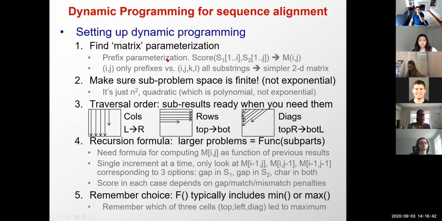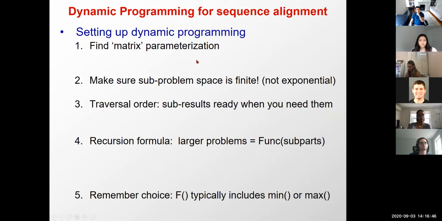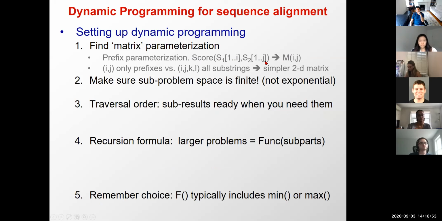And then putting this into the 5 things that we needed to do before, what is our matrix parameterization? We basically have this M i,j that tells us about the alignment of the ith prefix and the jth prefix of S1 and S2. How do we make sure that the subproblem is finite? Well, it's just n squared, it's quadratic, which is polynomial, not exponential.